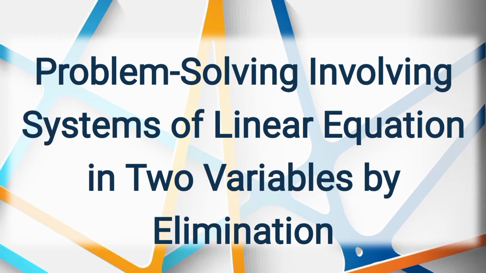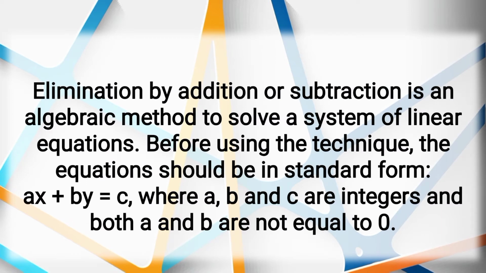But before that, let's define what an elimination method is. How can we use this kind of method in solving word problems which involve systems of linear equations in two variables? As we all know, elimination by addition or subtraction is an algebraic method to solve a system of linear equations.